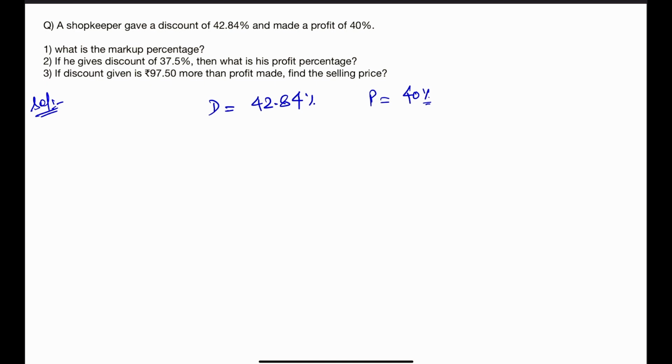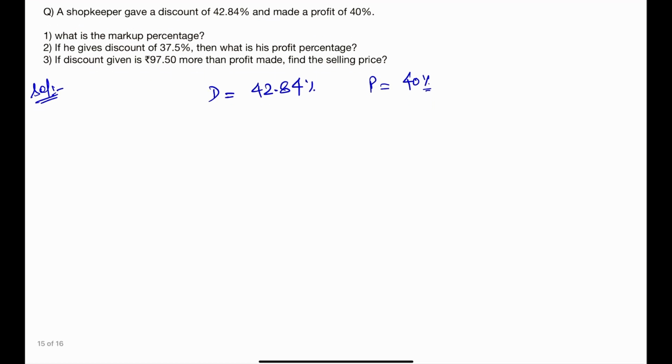So to find the markup percentage, c by s equal to, no, c by m. So 100 minus d, 100 minus d is how much? This will become 57.16 divided by 60%.